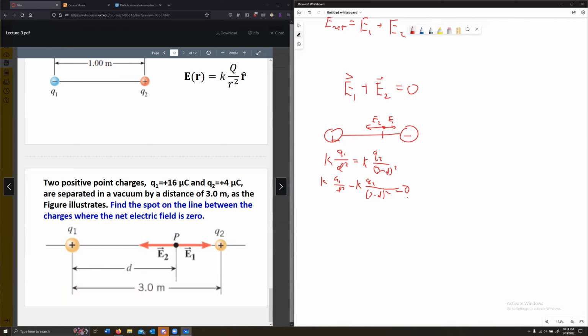In this instance, what we did was put the equation in terms of D. So let's see.